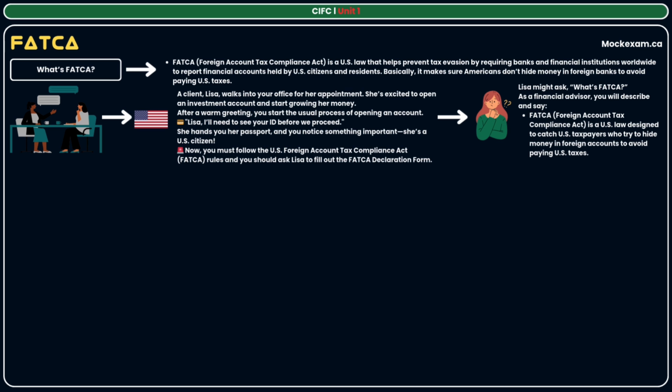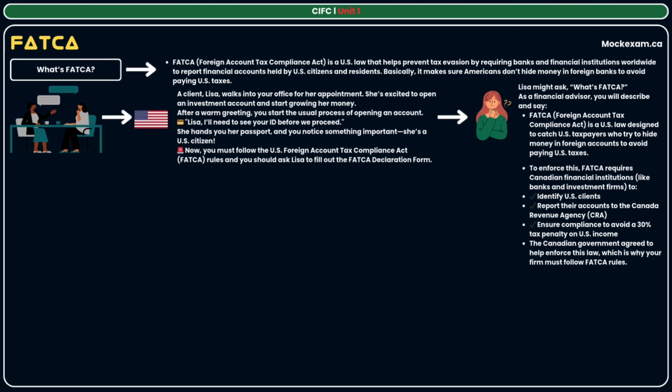Now, to enforce this, FATCA requires Canadian financial institutions like banks and investment firms to, number one, identify US clients, okay? When they identify them, number two, they need to report their accounts to the CRA, or Canada Revenue Agency.